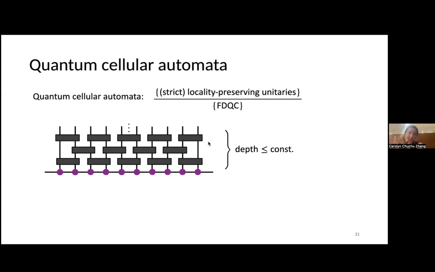So we say that two QCA are equivalent if they just differ by a circuit. And by finite depth quantum circuit, what I mean is a circuit that has finite depth. So even as you take the system size to infinity, the action of the circuit can be implemented with a finite number of rows of commuting gates.